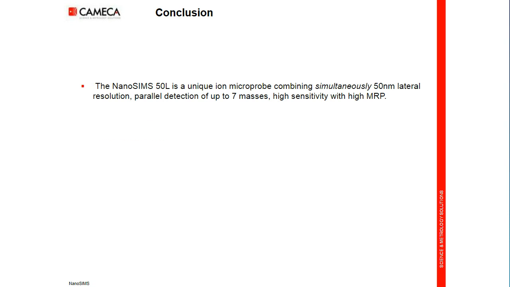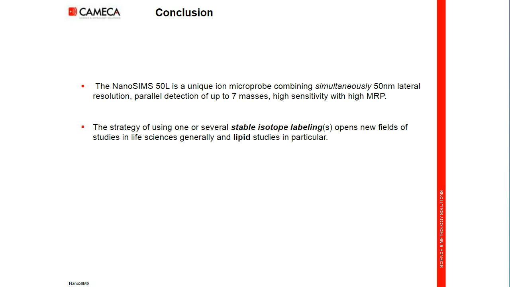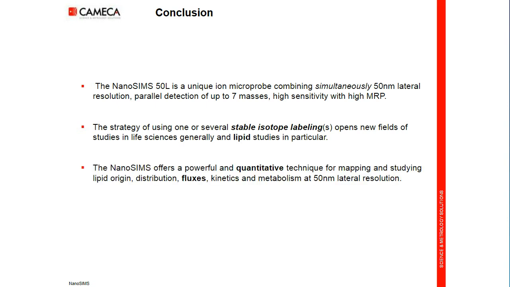The strategy of using one or several stable isotope labelings opens new fields of study in life science generally and in lipid studies in particular. The NanoSIMS offers a powerful and quantitative technique for mapping and studying lipid origin, distribution, fluxes, kinetics, and metabolism at 15 nanometer lateral resolution.